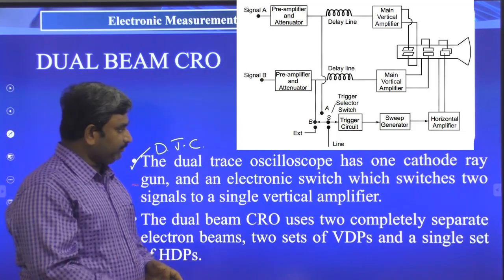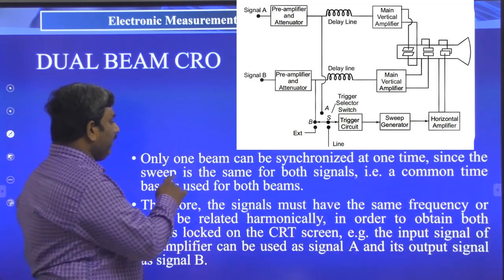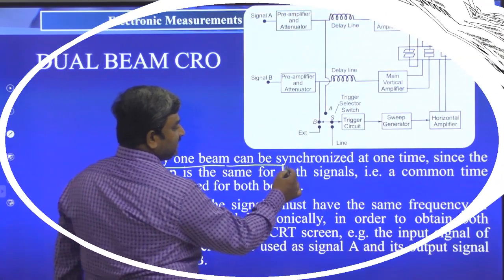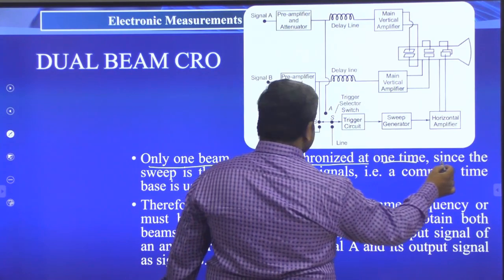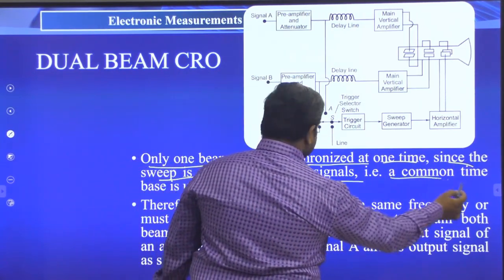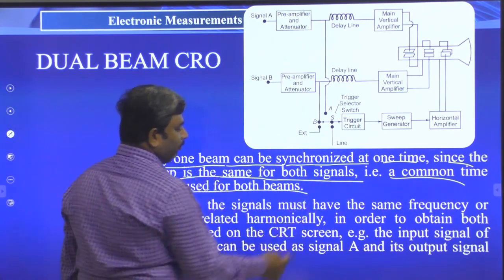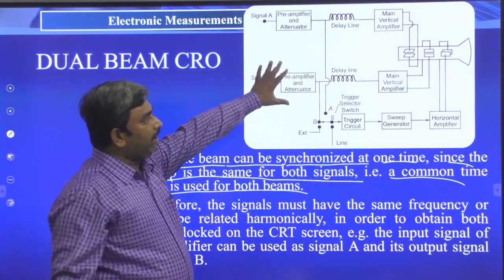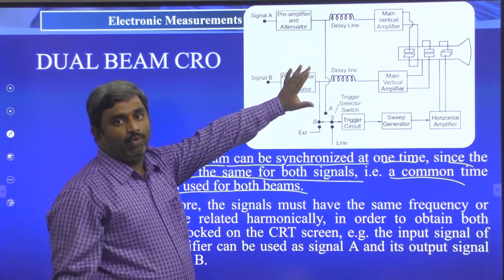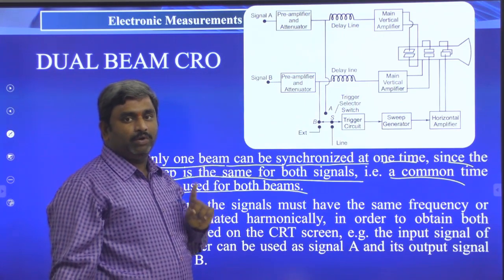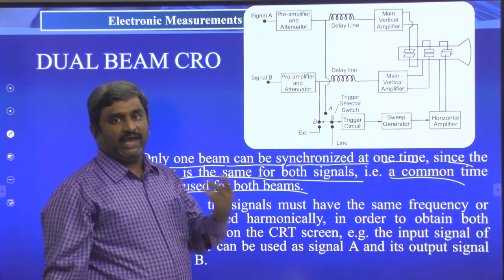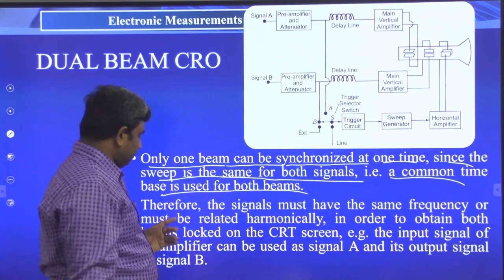Only one beam in the dual beam CRO can be synchronized at one time, since the sweep is the same for both signals, that is, a common time base is used for both beams. In the dual beam CRO, we have only one time base generator. That means we have only one horizontal deflection system for both signals, but two different vertical sections.